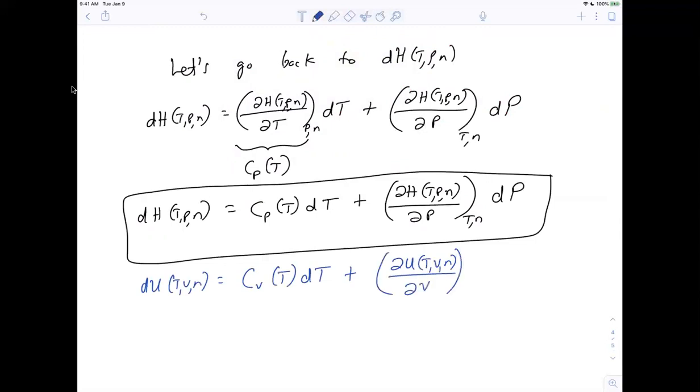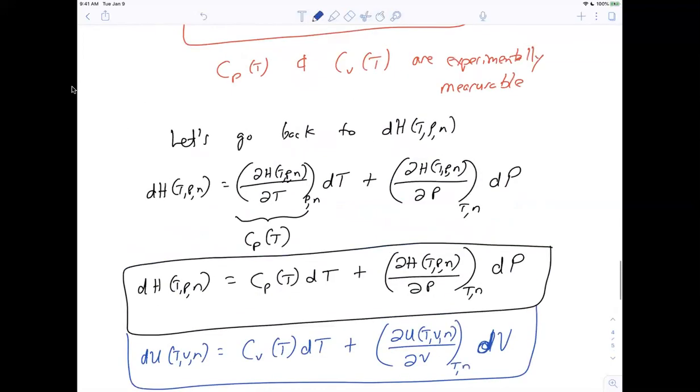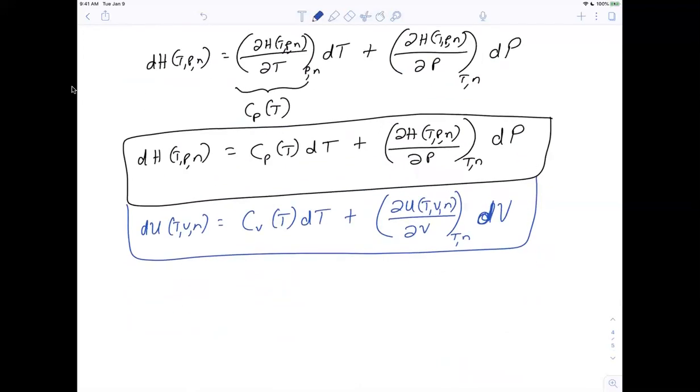Remember, we use volume for U, not pressure. Again, Cp and Cv are experimentally measurable. So if I had a process and I wanted to find delta U's or delta H's, I have one half of my problem solved, because I can get this term and this term by integration.